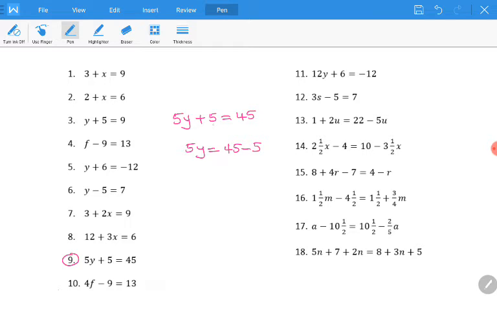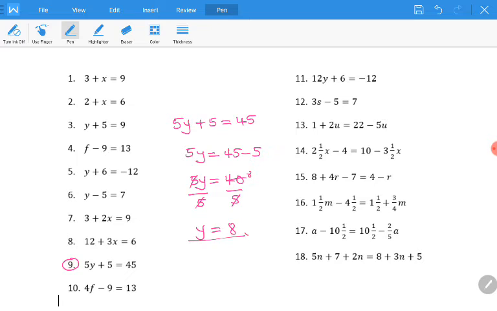This 5 is jumped to the right hand side and it becomes negative. So 5y is equal to 40. So if I divide both sides by 5, I get y is equal to 8. And my answer is correct.